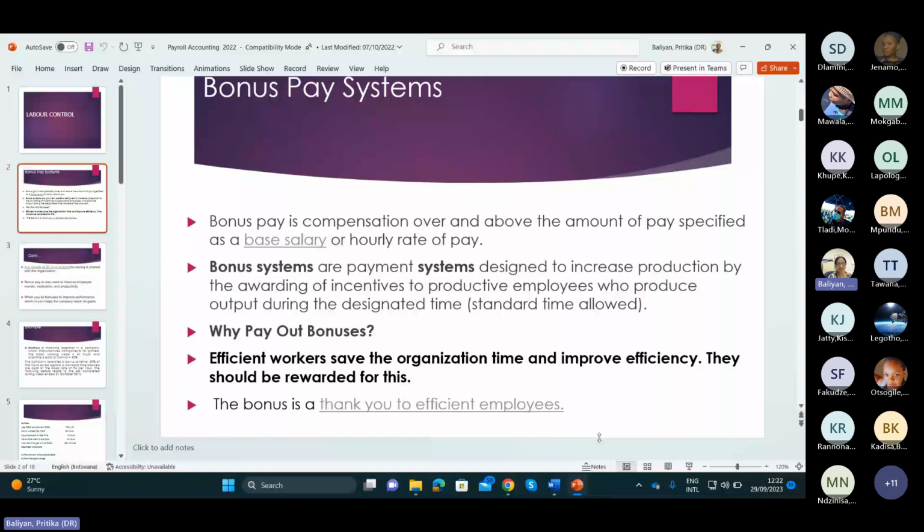They save the organization time and improve the efficiency. So when they save the time and also improve the efficiency, they should be rewarded for this. The bonus is a thank you or extra reward to the efficient employees.